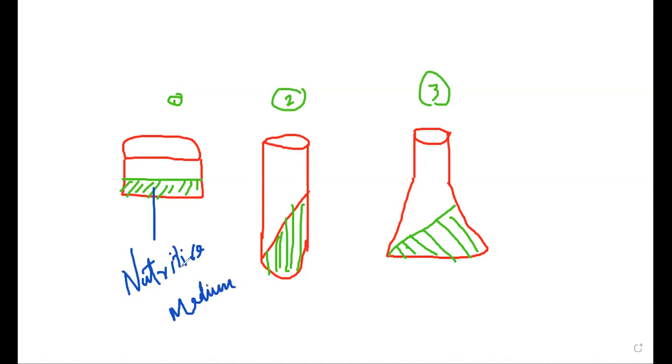Once you culture any one of the microorganisms in the first culture, there are so many serial dilutions, serial culture is also there.